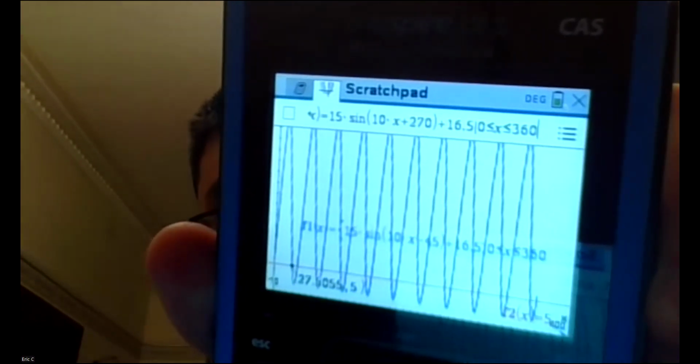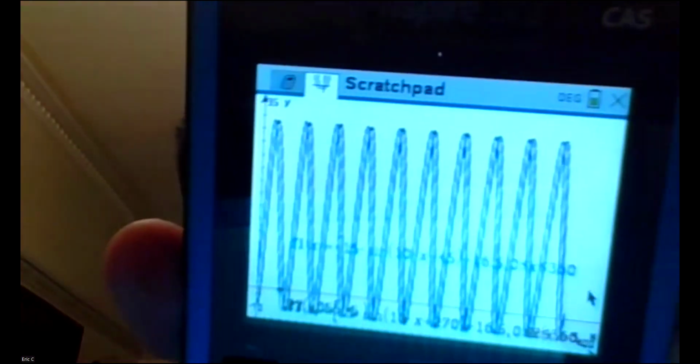So 0 to 360, and then graph. So we can see a new graph on the black sinusoidal graph. And then go to menu, trace, graph trace.